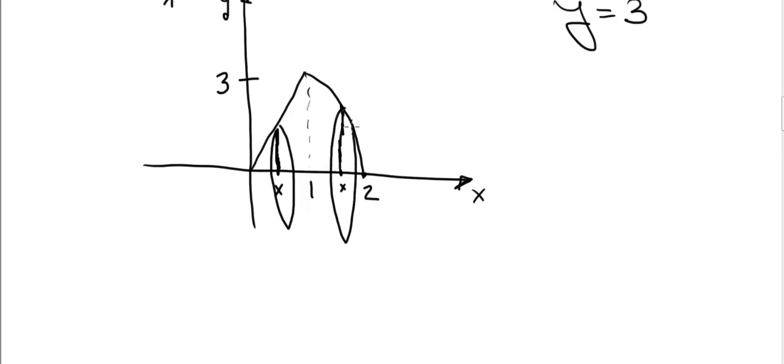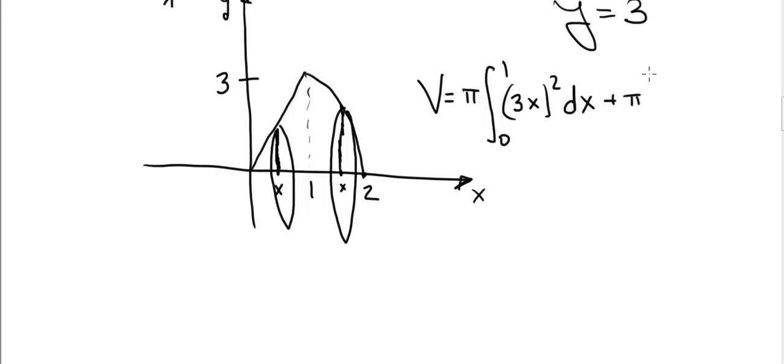So the volume is going to be, first for the part generated by the line, pi times the integral from 0 to 1 of (3x) squared dx. That's the first part of the volume, plus pi times the integral from 1 to 2, and then it's the parabola, so it's (4 minus x squared) squared dx.